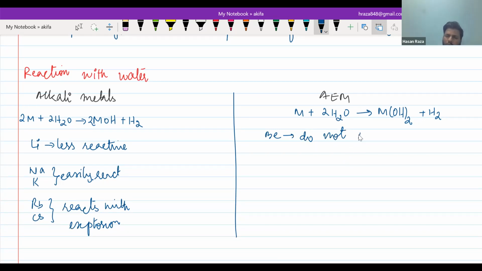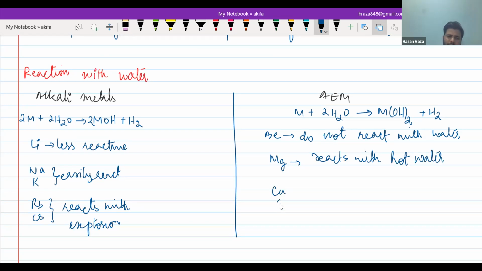Magnesium reacts with hot water. Also calcium, strontium, and barium react with cold water. Just write it.